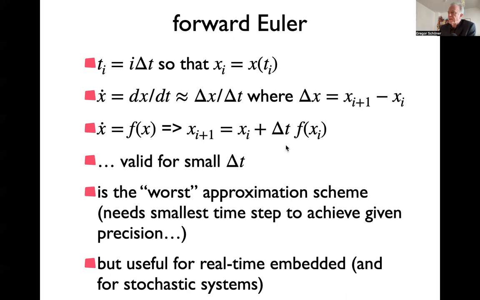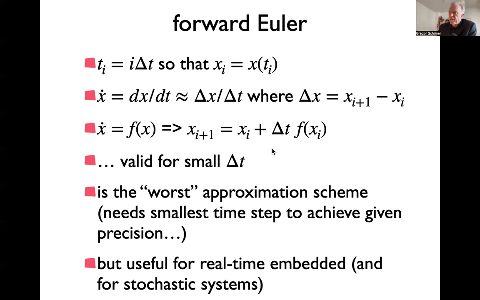So here the right-hand side is the past value plus the increment, right? The increment is essentially proportional to the rate of change, and proportional to how large your time steps are. And so only the past value or the present value shows up on the right-hand side, so you can determine the future value, and then you can insert that into the equation and determine the next value and so on. That's why we call it forward, because you can just iterate forward in time.